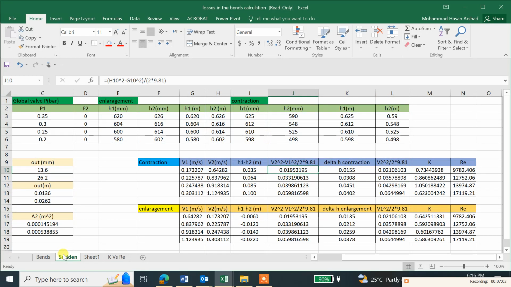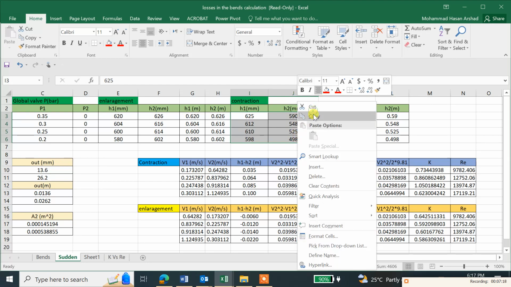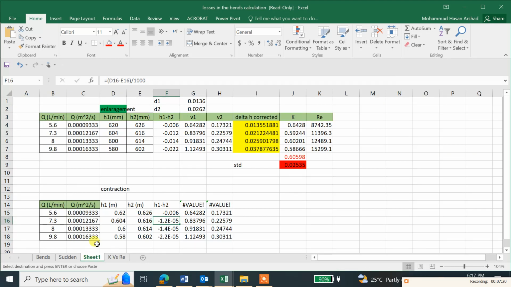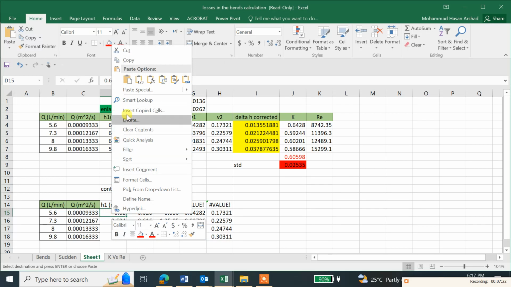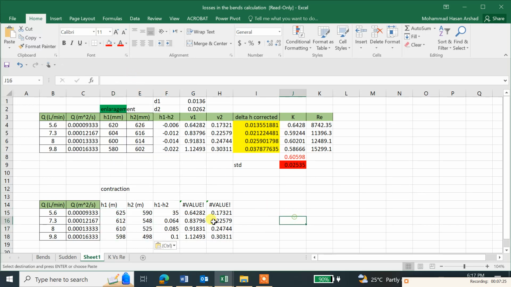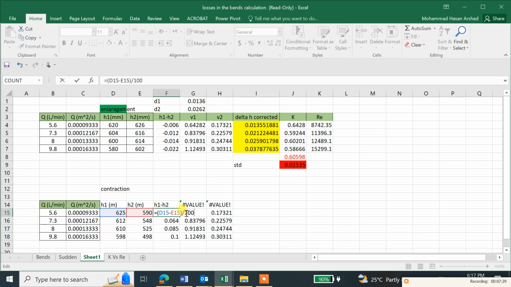Let me see the data for contraction. So the data is this. And the formula will be the same, divided by 1000. So this is h1 minus h2.